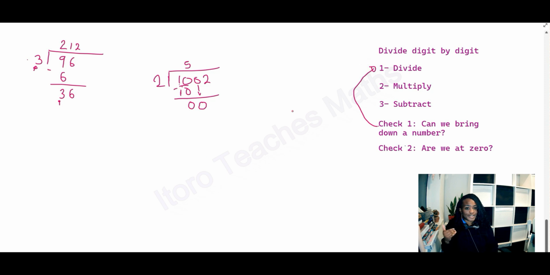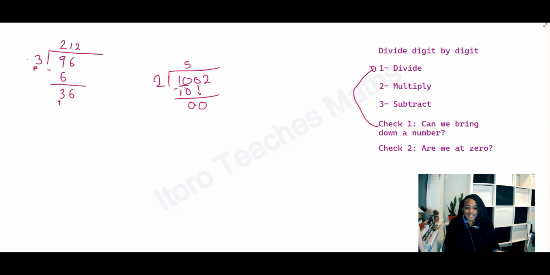Step 1 is divide. So we say, okay, 0 divided by 2. And I know that sounds very odd as well, but if we divide 0 by anything, the answer is always 0. So basically, if you have no apples and you want to share no apples between the two of you, how many apples does each of you get? Nothing.